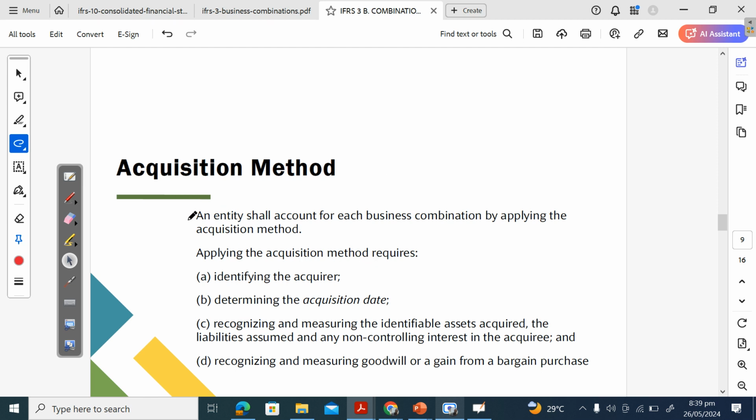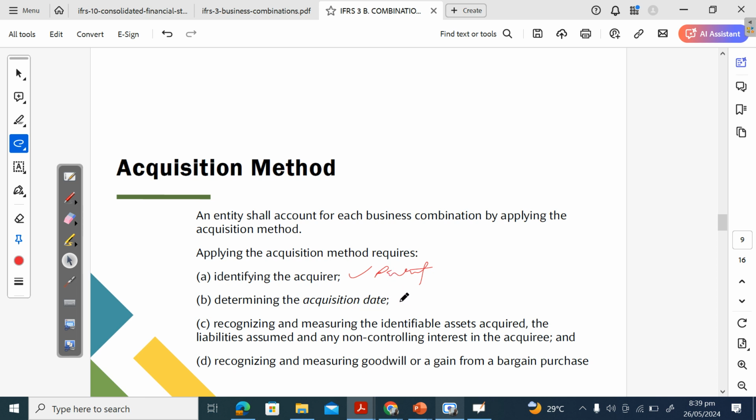All right, so the acquisition method is simple. An entity shall account for each business combination by applying the acquisition method. Okay, so what are the requirements of the acquisition method? First of all, you have to identify the acquirer, which means the parent, the one that is buying or taking over the other company.